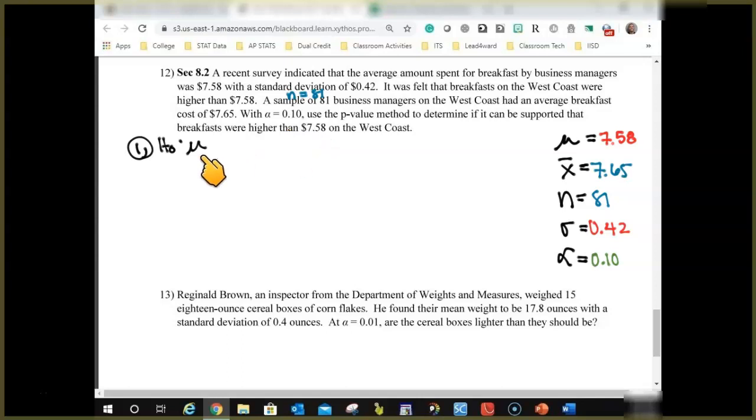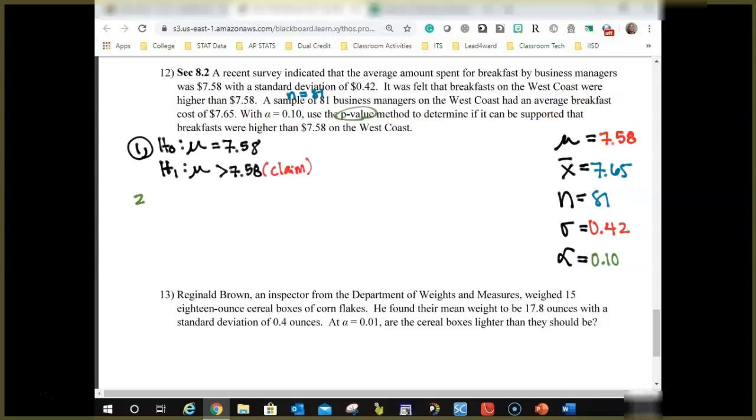So the true average cost of business breakfast is no different than $7.58. Whereas alternatively, we feel like they've paid less than that amount or more than that amount. It says higher than. It was felt that the breakfasts on the West Coast were higher than that amount. So we would use greater than, and that would be our claim.